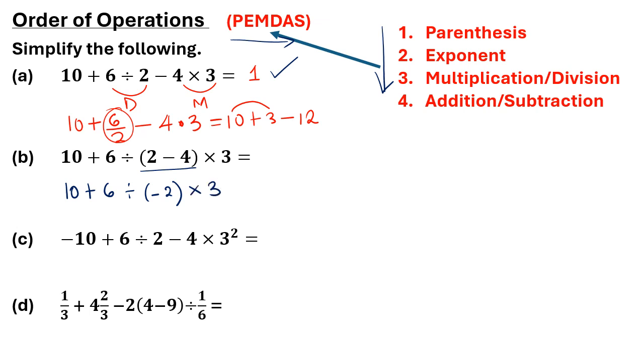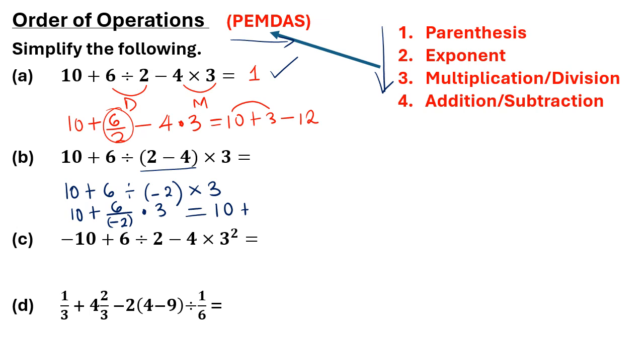Okay, so now we have division and multiplication. Like we said, we are going to do division and multiplication at the same time. So it will be 10 plus 6 divided by -2 times 3. And this gives us 10 plus, 6 divided by 2 is 3.